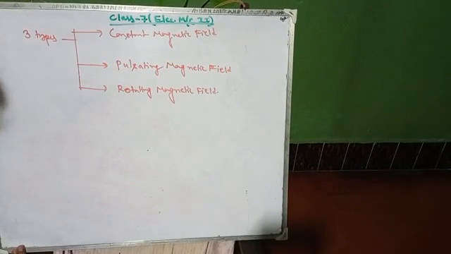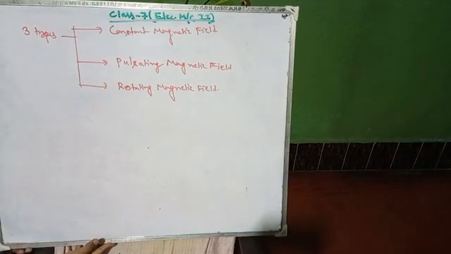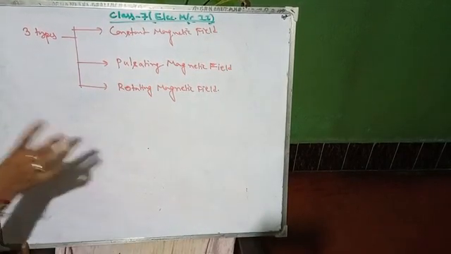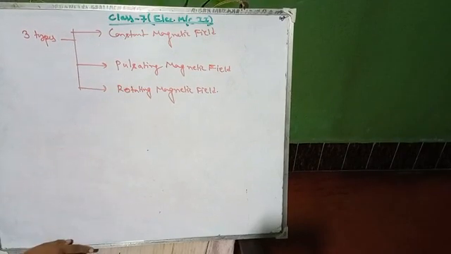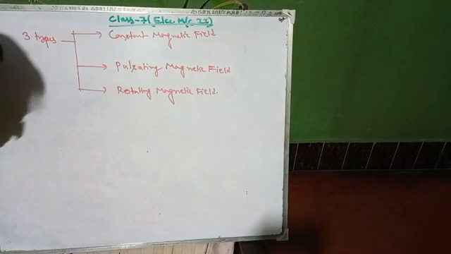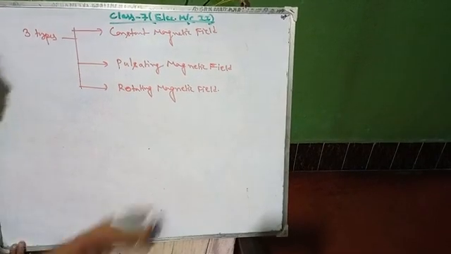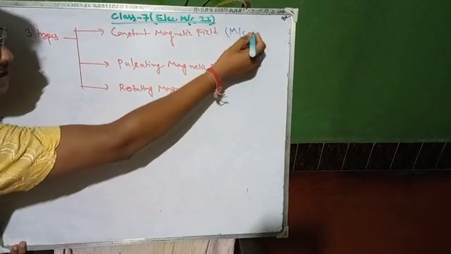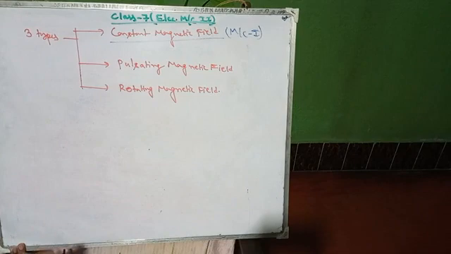Before starting these three fields, we would like to conclude one thing: these three concepts are common in your next modules respectively. The constant magnetic field is in your machine 1, where it has already been taught.